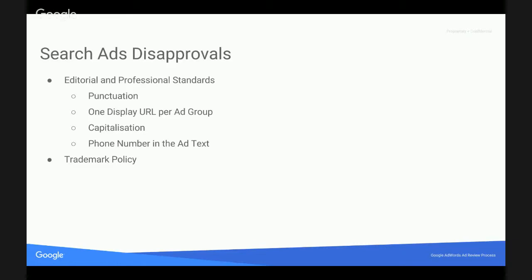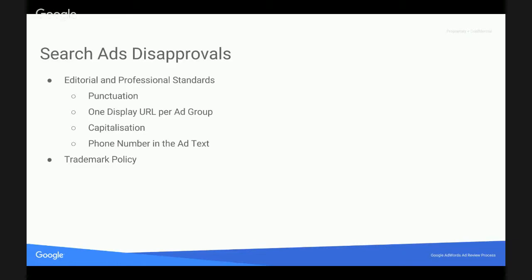The example I get with clients is that in description line 1 and description line 2, you'll be using a lot of dots or commas, which is not allowed. You can use one symbol of one particular type: either a question mark, 1 exclamation mark, or 1 dot in the ad. So keep the ad copy nice and clean and don't do gimmicky stuff.